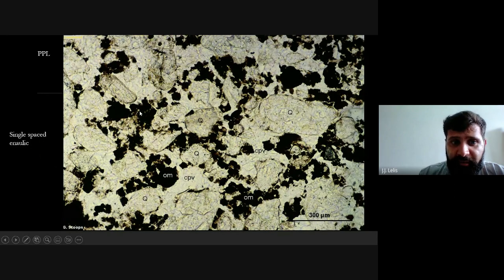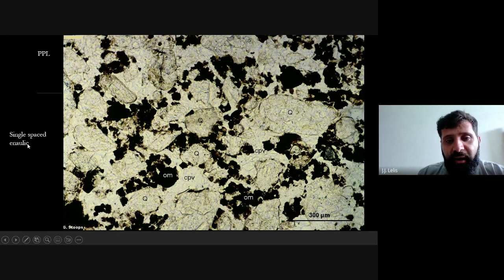So I can see a specific distribution of the fine fraction. It's not linking coarse grains, it's not surrounding coarse grains, it's composing pads, it's composing aggregates, and I can also find these coarse grains.